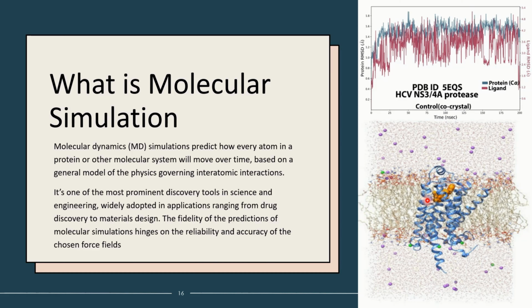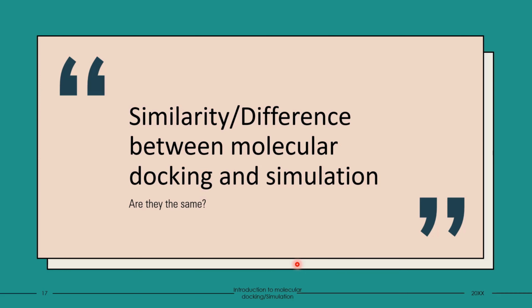An example is what you are seeing by my right. Indirectly, I've mentioned the difference between these two. Yes, they are actually different. In molecular docking, you don't carry out the interaction in a moving environment or against moving atoms, while in simulation, you do that. So docking is like a preliminary step to investigating the drug candidacy of your product or synthesized compound.